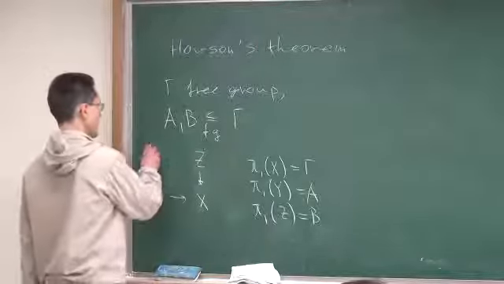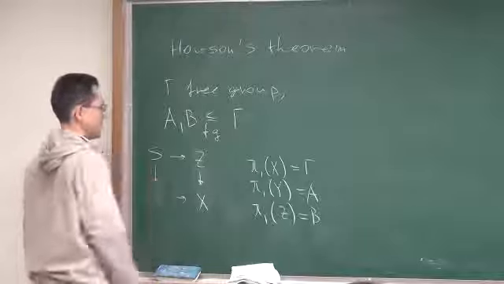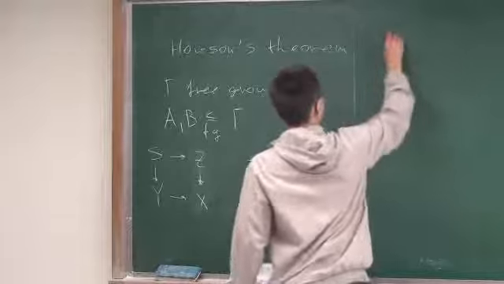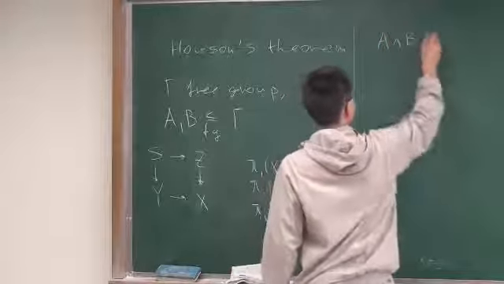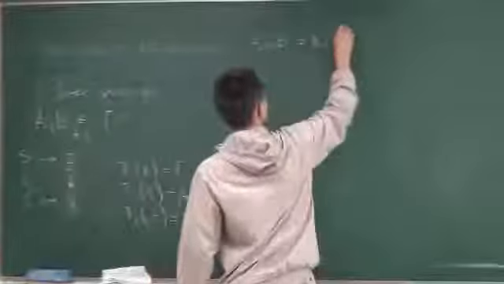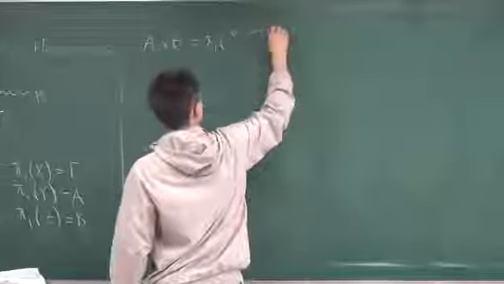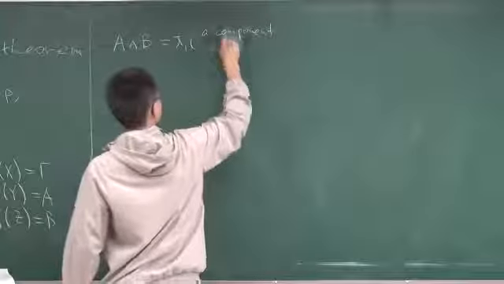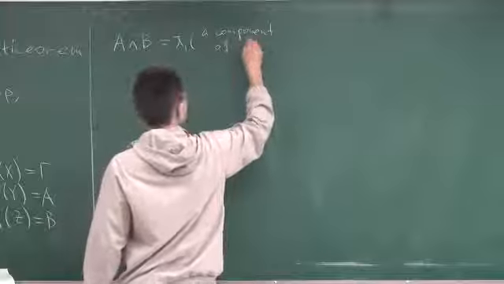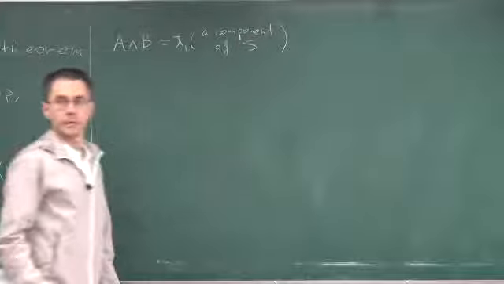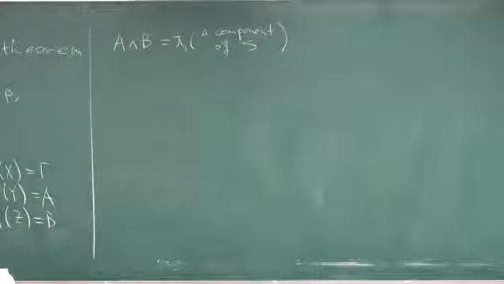And then you take the fiber product. S is the fiber product, and the intersection happens to be, again, there is something to check here, pi1 of a component of S. So one would need to do a little bit of work to check this.